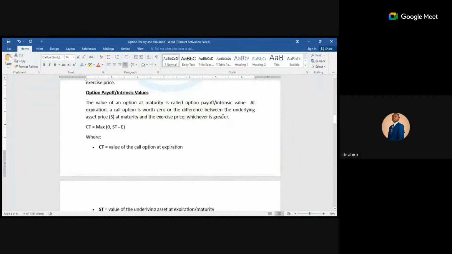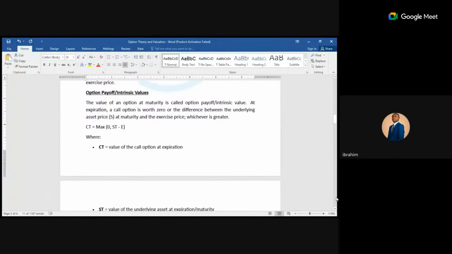Class, an option payoff is the value of an option at the date of maturity. Then a call option, I pick it from there: a call option is what? 0, or the difference between the underlying assets at maturity and the exercise price, whichever is greater.